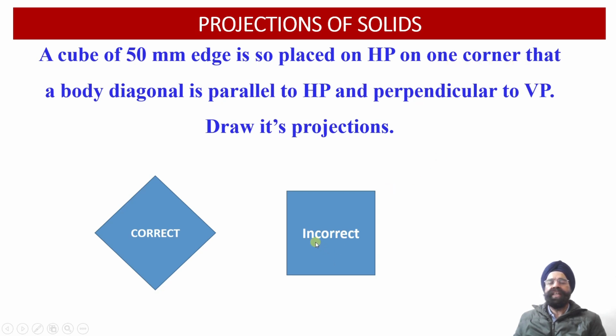So this condition will not be satisfied in this orientation. So this is the incorrect orientation of the cube onto the horizontal plane.